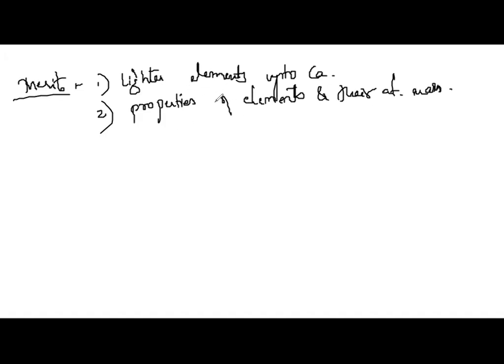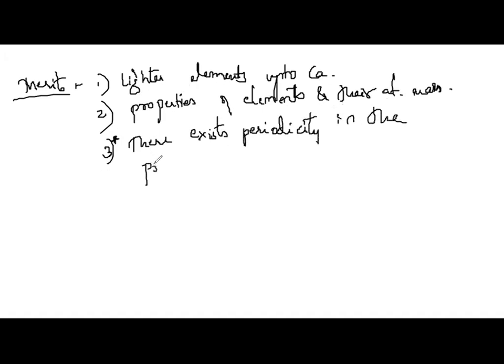So it gave us a relation between properties of the elements and their atomic masses. Third point, it was shown by this classification for the first time that there exists what? Very important point. There exists periodicity in the properties of the elements. Correct? Periodicity, repetition in the properties of the elements.